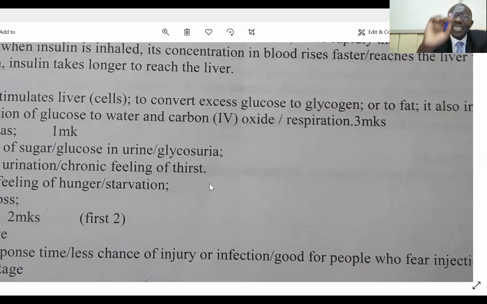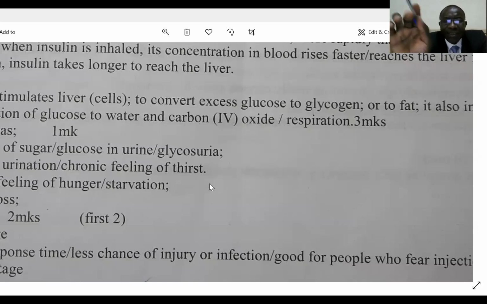So when you say that insulin does not do that, I want you to underline the word stimulates. Insulin stimulates liver, tick, that is a semicolon, to convert excess glucose to glycogen. It is the liver doing it, but under the command, under the stimulation, and that must come out very clearly.